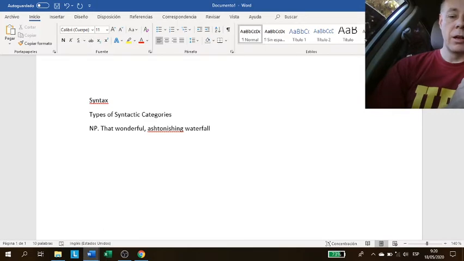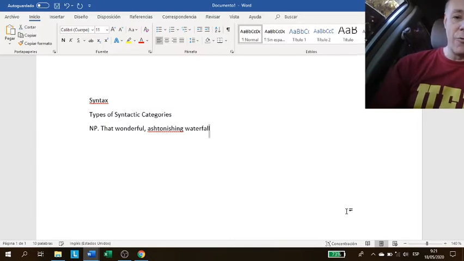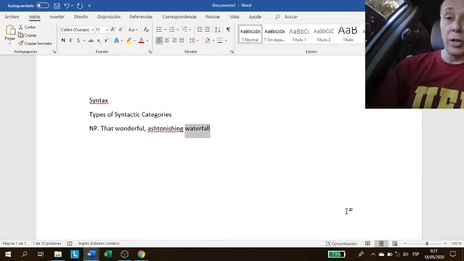Here, this is not a full sentence because we're not saying anything about the waterfall. We know that the waterfall is astonishing and wonderful, but what about that? Yes, we do not complete the idea. It is a noun phrase because the word waterfall is the main element. That is not the main element, or wonderful or astonishing.